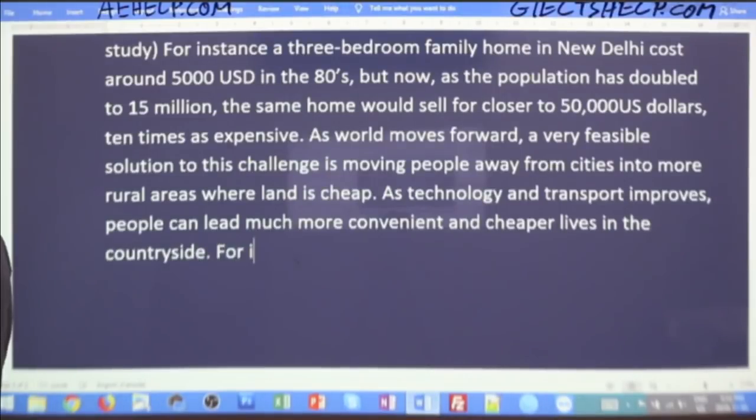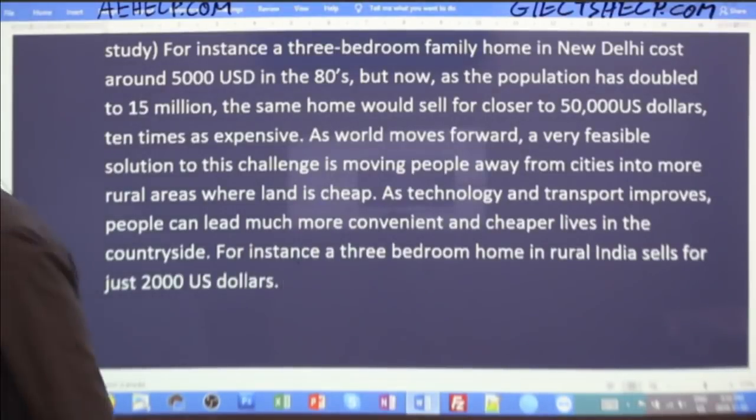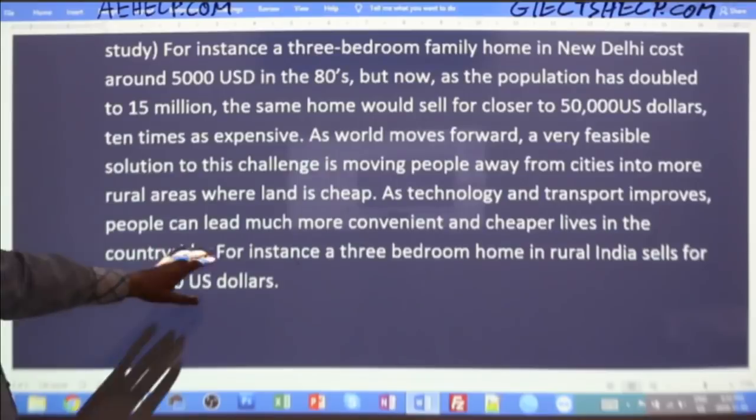For instance, a 3-bedroom home in rural India sells for just 2,000 US dollars. So connecting, hi Rekha, so connecting back to that previous example.